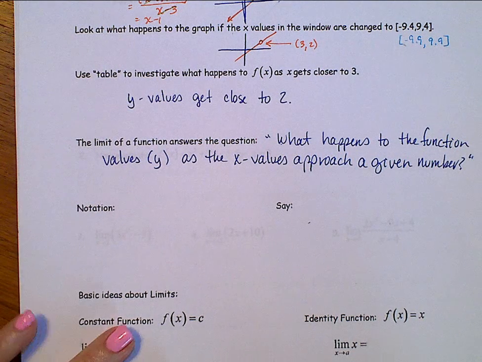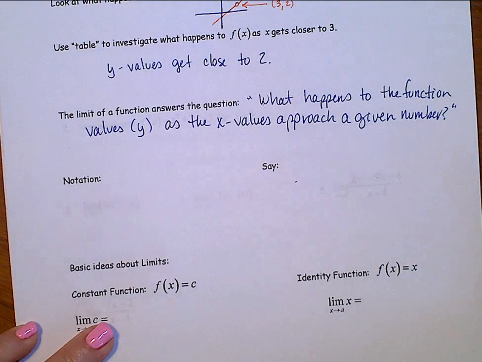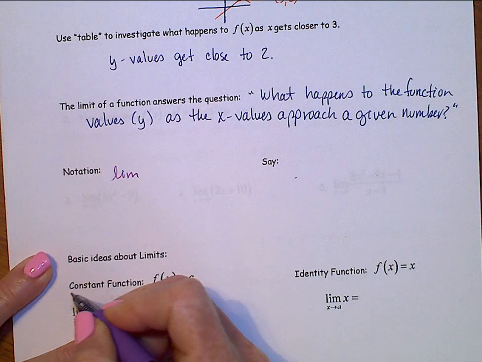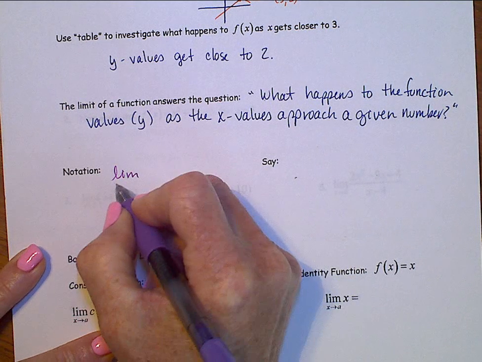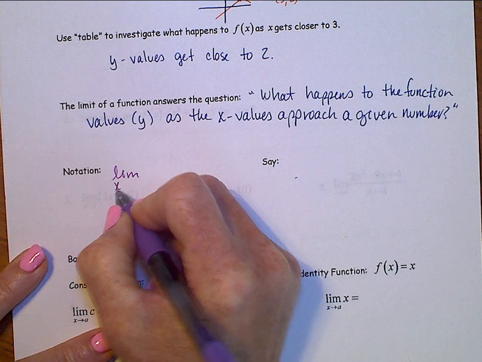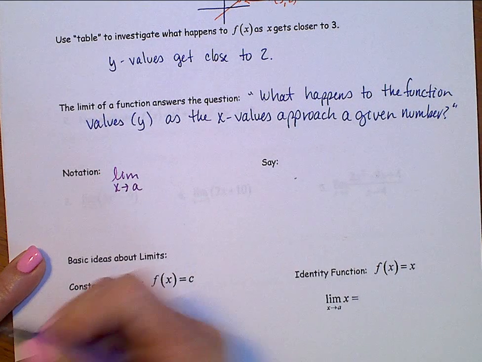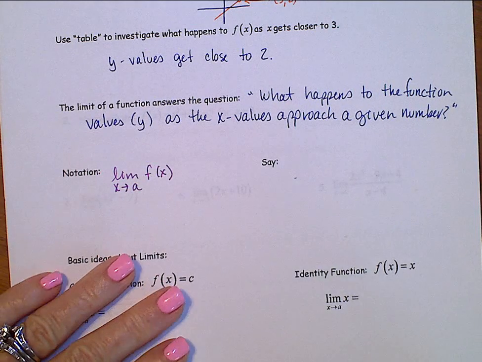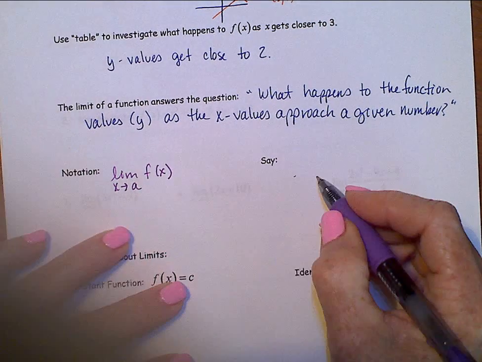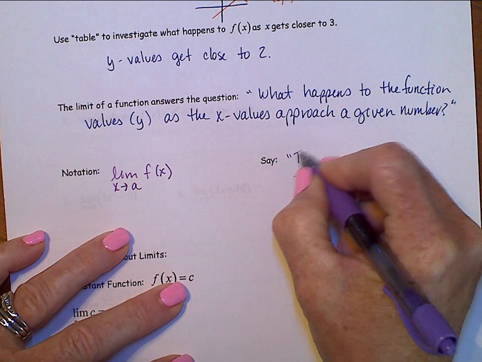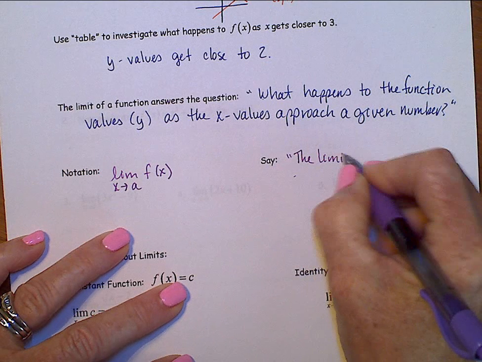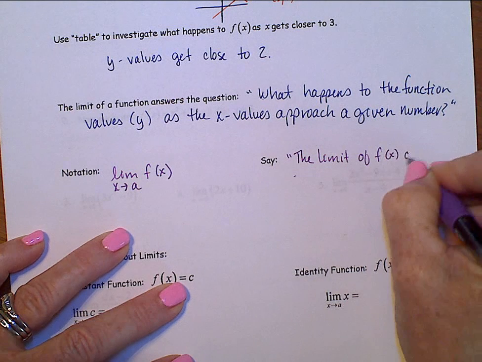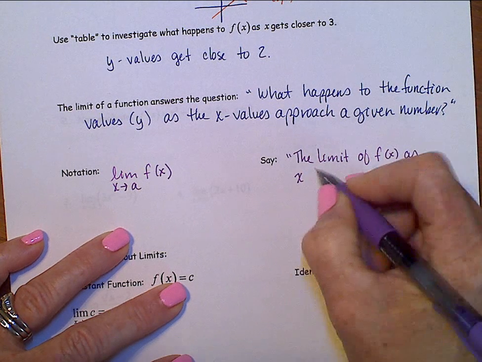The notation that we use for this limit looks like this. Lim, an abbreviation for limit. Underneath we'll put x approaches that particular number a, of f of x. The way that we read this is we will say the limit of f of x as x approaches a.